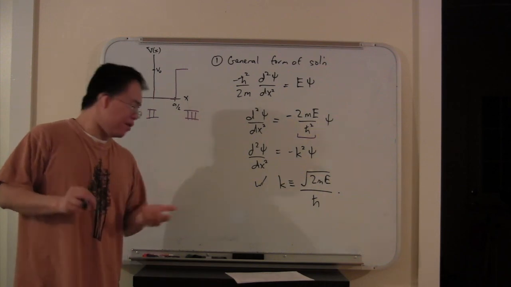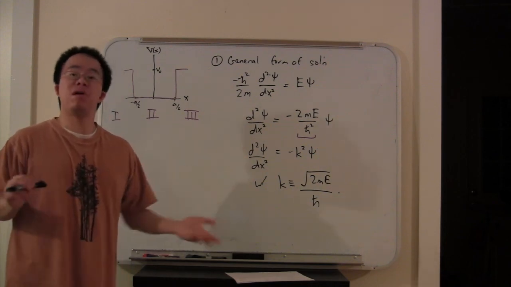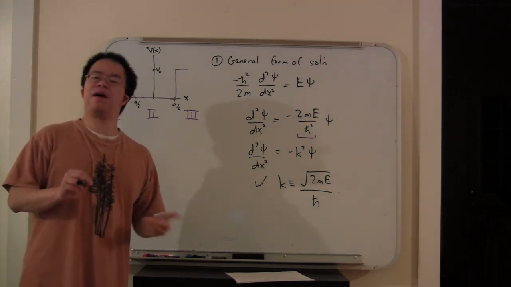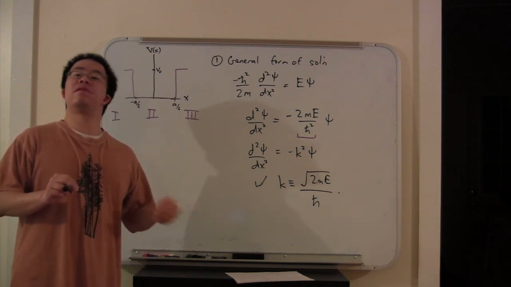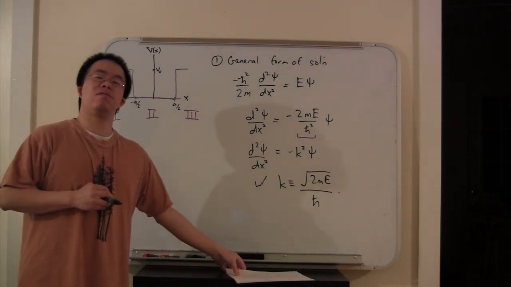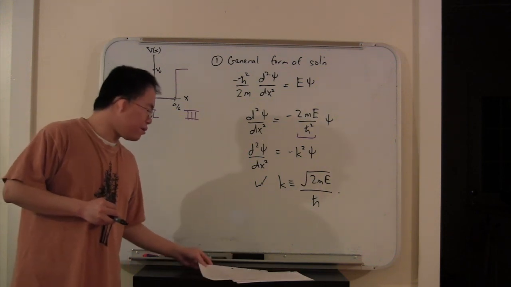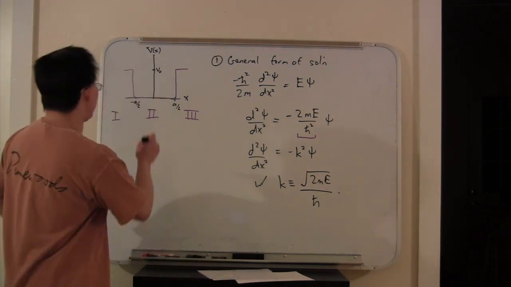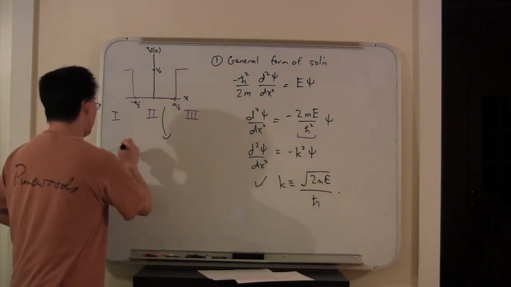So there's several ways we could try to write this. We could work in terms of sines and cosines like we did for the infinite square well. But for mathematical convenience, it's going to happen to be easier here to work with complex exponentials. And that's what we'll do, although you could do it with sines and cosines also. So without further ado, we'll be able to write down the solution here in region 2 in a general way.